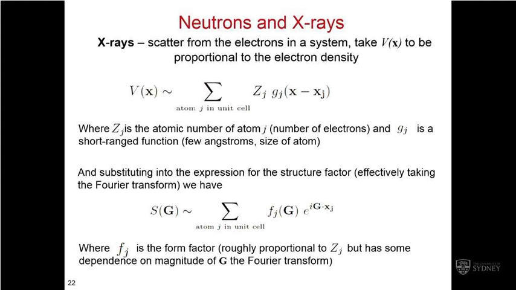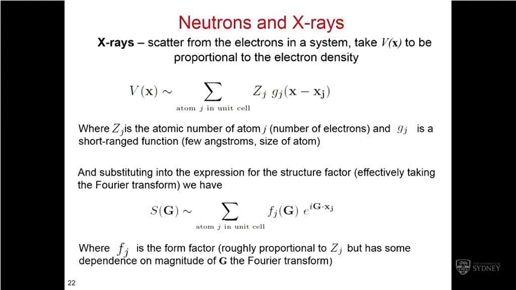So you can approximate the potential for X-ray scattering as being equal to the atomic number Z, which tells how many electrons you've got, and some short-range function there. It has a similar form, and it's located at the position of the atoms j in your unit cell. When you put that expression for V in, you get the structure factor with the form here, and f again is the form factor.